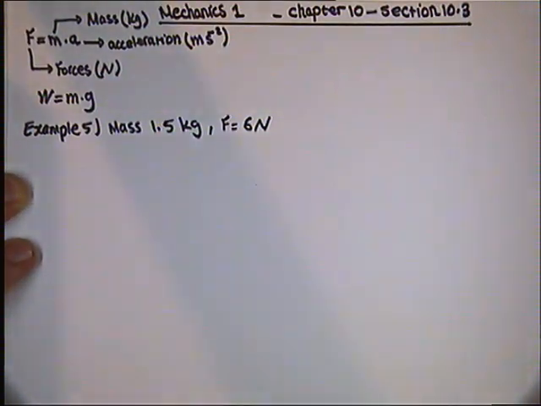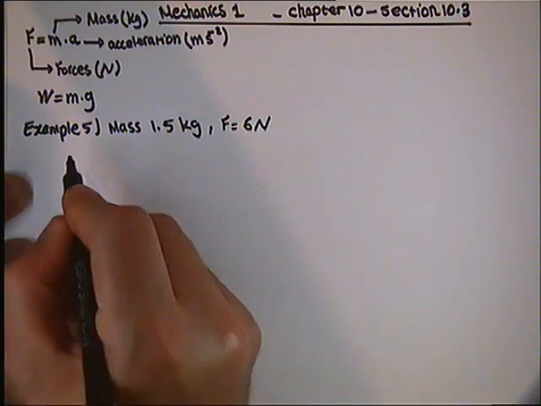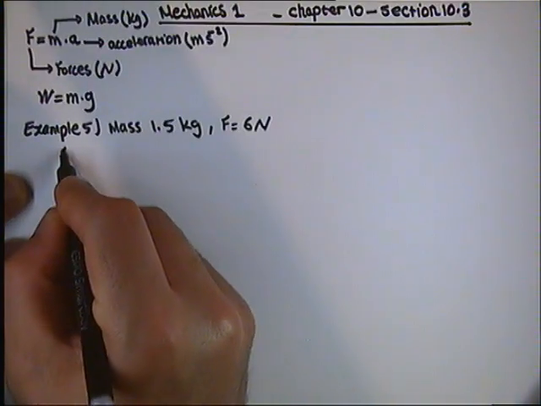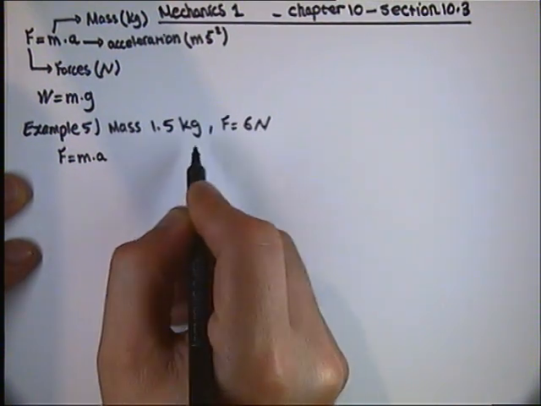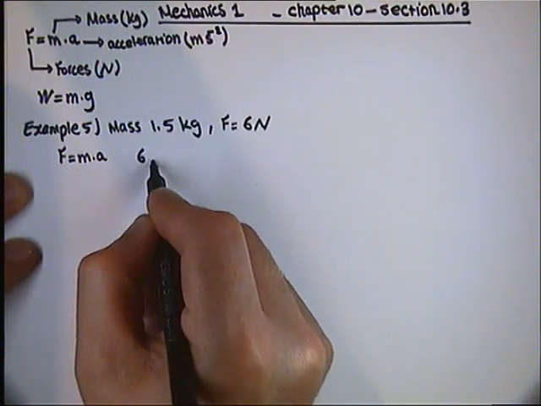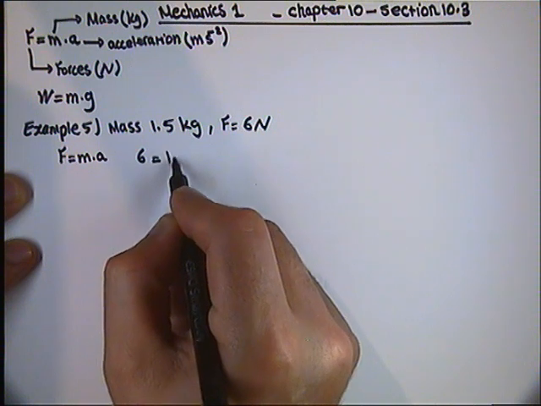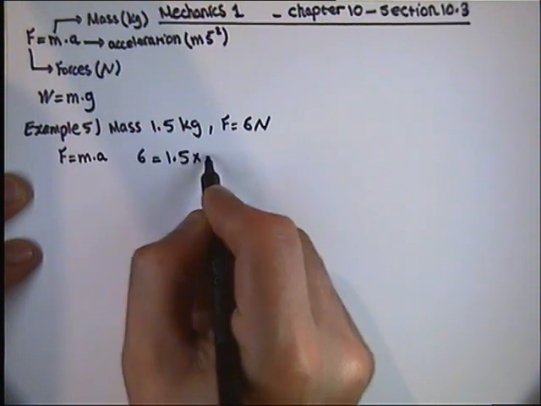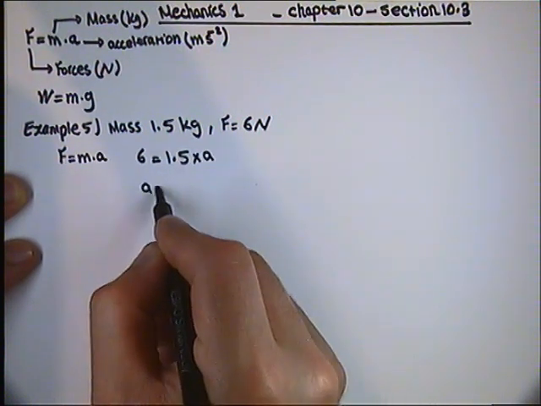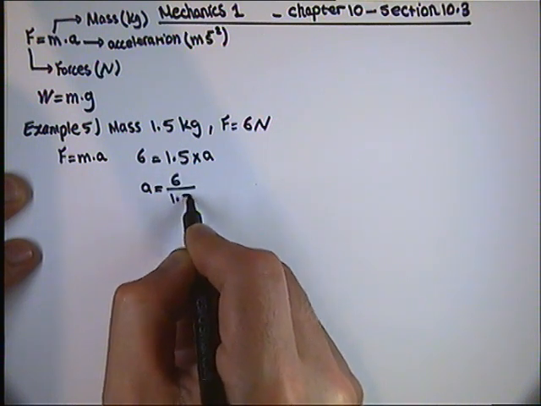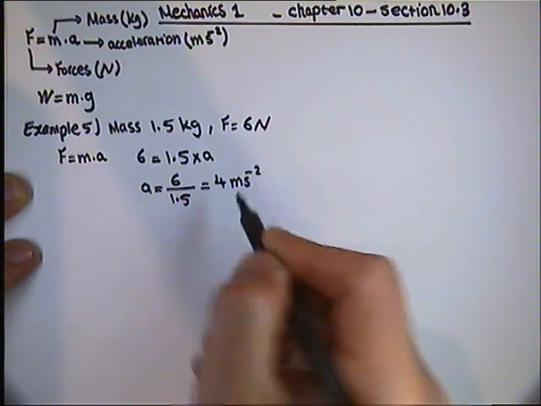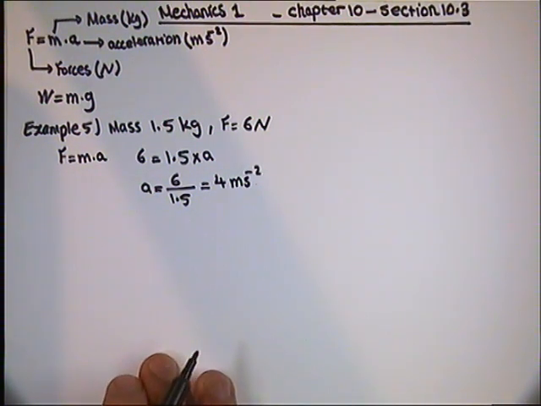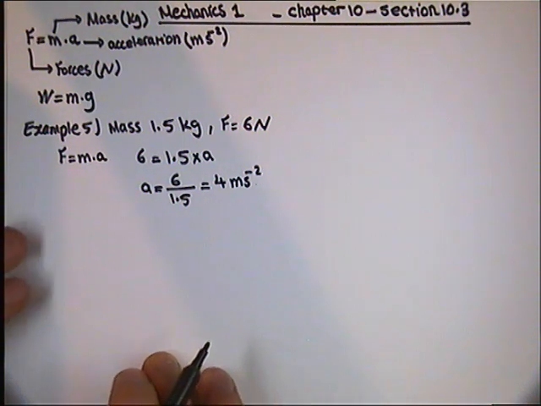So we just directly use Newton's second law formula. F equals ma. F is 6, m is 1.5 times a. So a is 6 divided by 1.5, which is 4 meters per second squared, which was quite an easy and straightforward question.